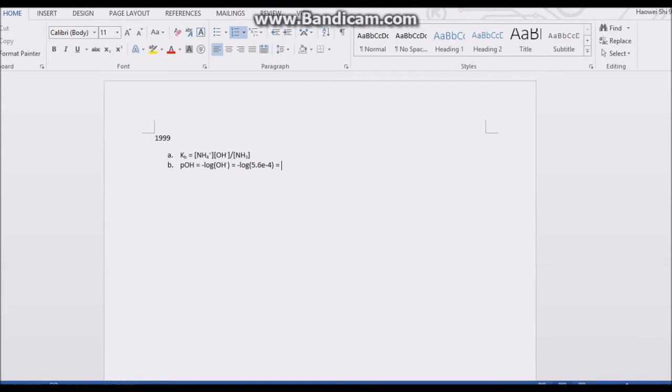This yields a pOH of 3.25. To find the pH, simply subtract the pOH from 14, which yields a pH of 10.75. Alright, that should be an easy point for you too.